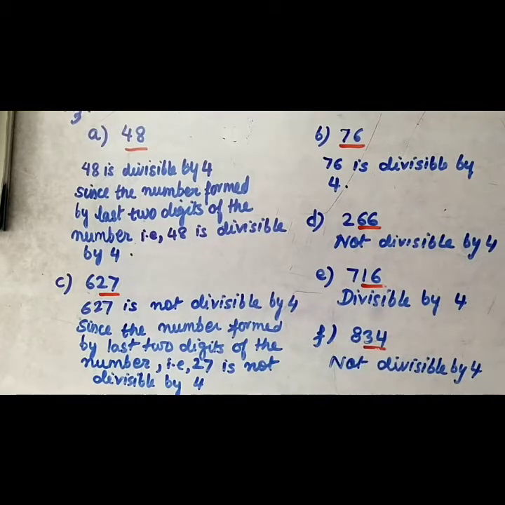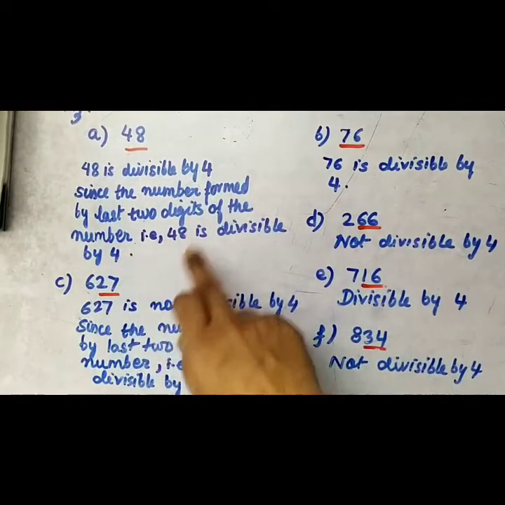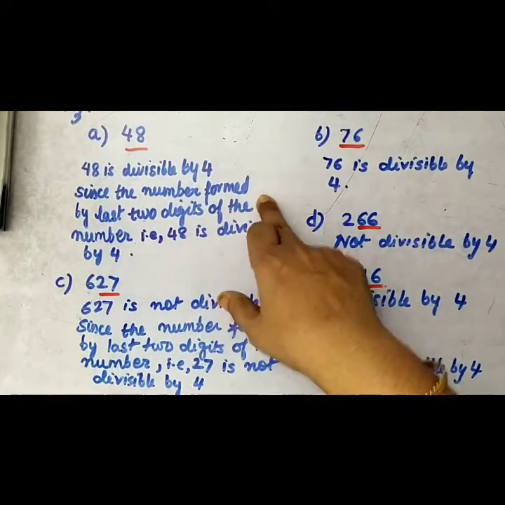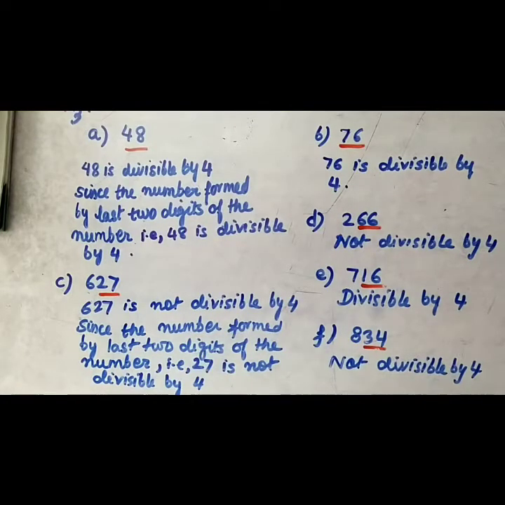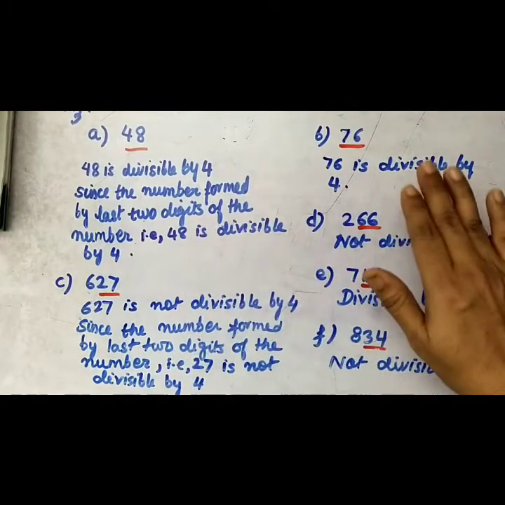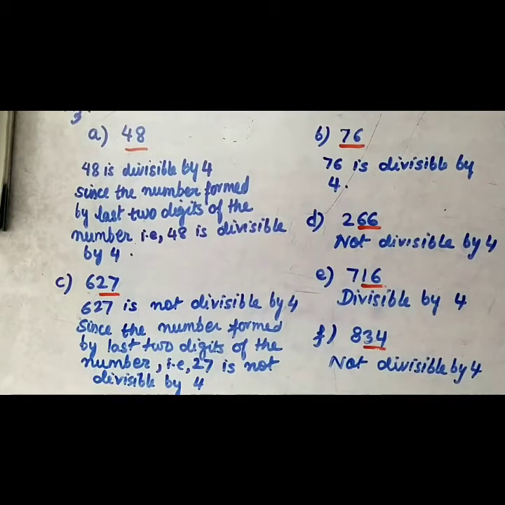That is why 834 is not divisible by 4. So all the statements whatever is written here, ये divisible के लिए है, ये not divisible के लिए है. तो आप इस तरह से statement यहाँ पर भी लिखोगे. ठीक है, so this is how you can find out whether the numbers are divisible by the other number or not.